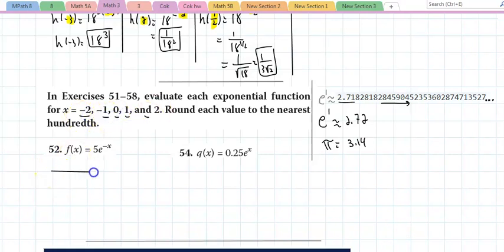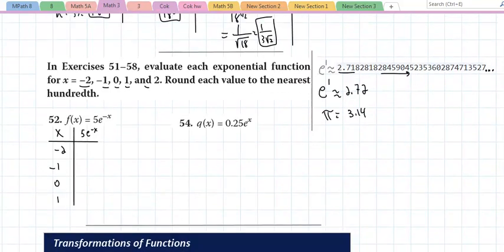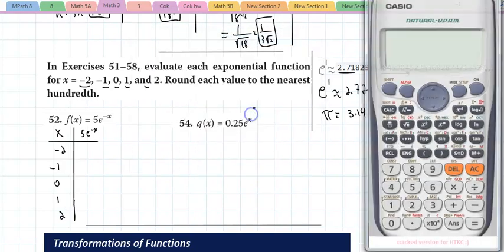I'm going to make a chart. I'm going to copy what's in my calculator. So I am going to take x and 5 e to the negative x, negative 2, negative 1, 0, 1. I need a bit more space. And a 2. And let's see how that works. I'll get my calculator out. And there it is.